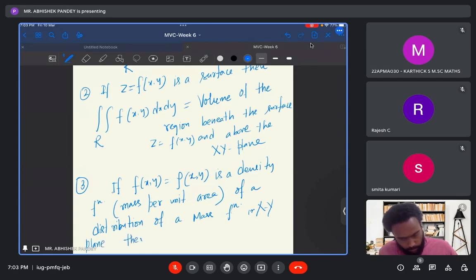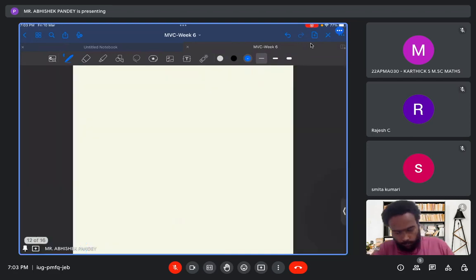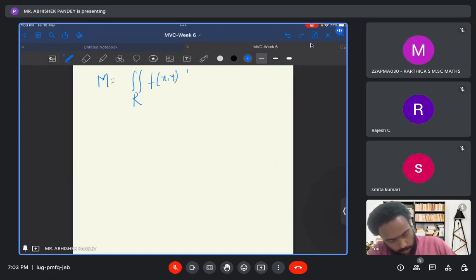Then what is the mass of R? So this m equals the double integral over R of f of x comma y dx dy, which gives the mass of R.